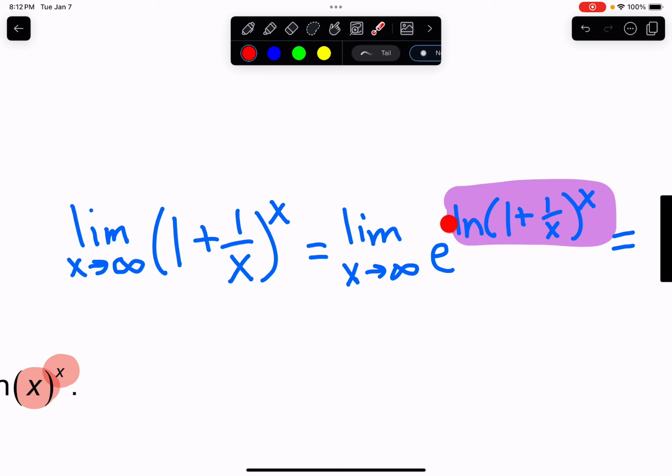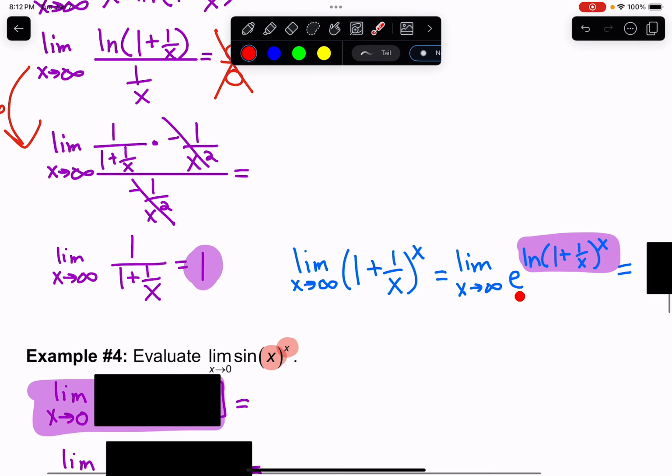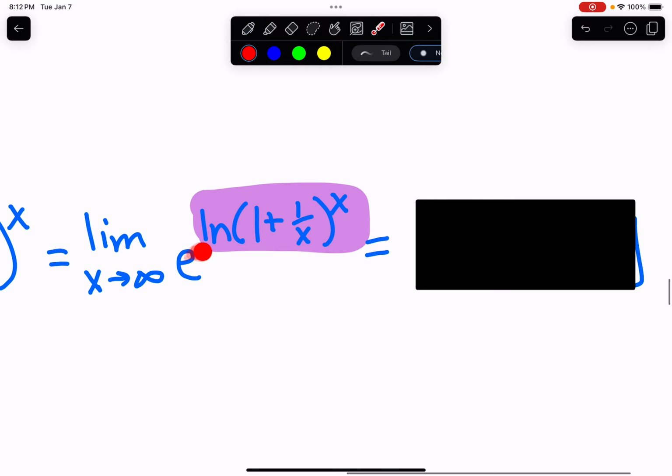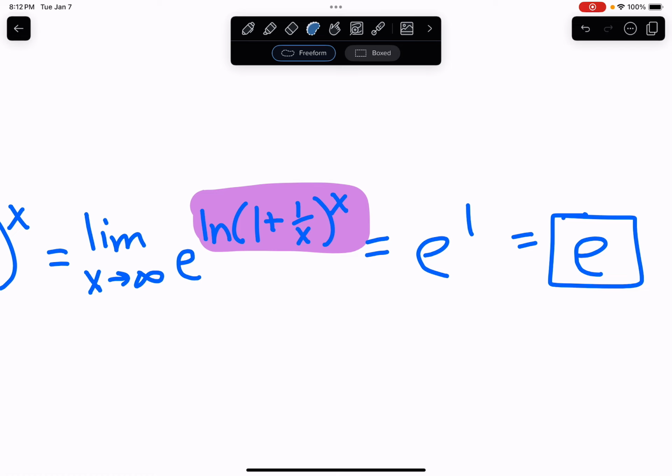And now this part, the exponent of the e here, is what I just evaluated to be 1. And so this whole thing becomes e to the first power, and the limit of any constant is itself. And so this just becomes e to the first, which we know is e.